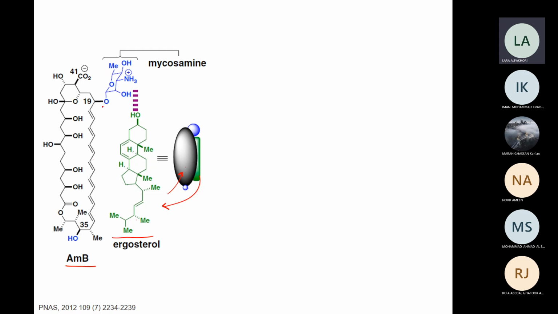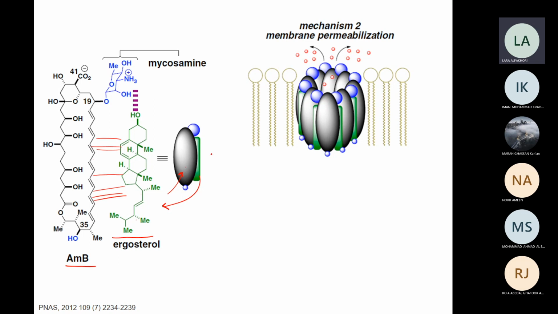So as you can see, that lipophilic side of amphotericin B is forming interactions with the hydrophobic ergosterol. And what happens is that those aggregates of amphotericin B and ergosterol eventually aggregate even more, forming what looks like a pore.